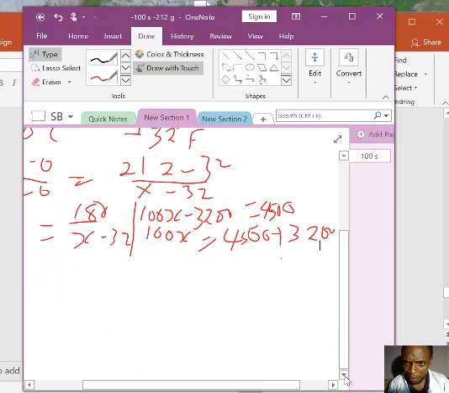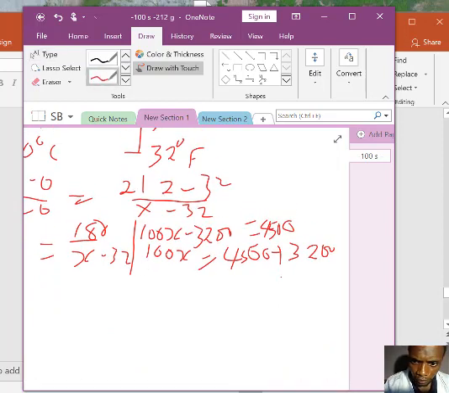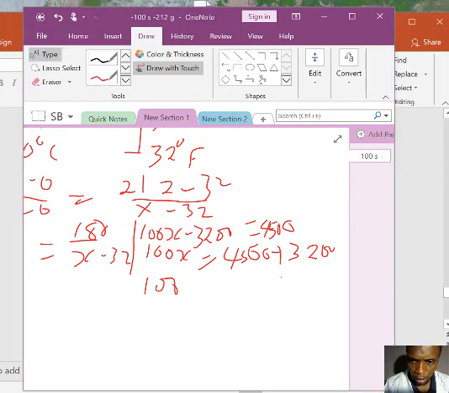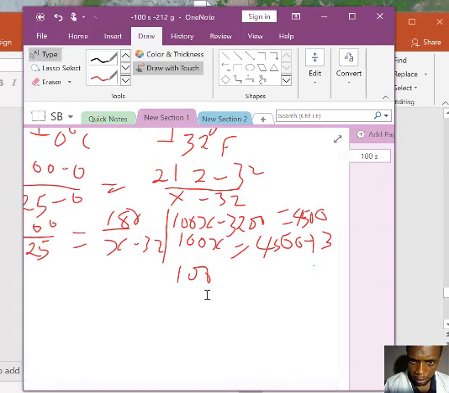Then we'll be having 100x equals to 7,700. 100x is here.